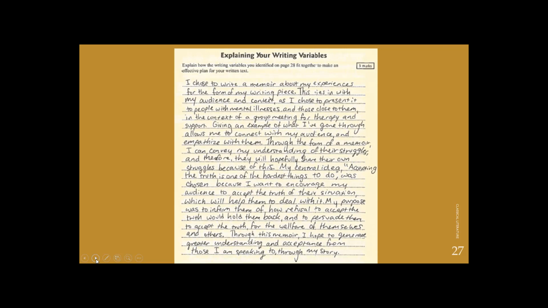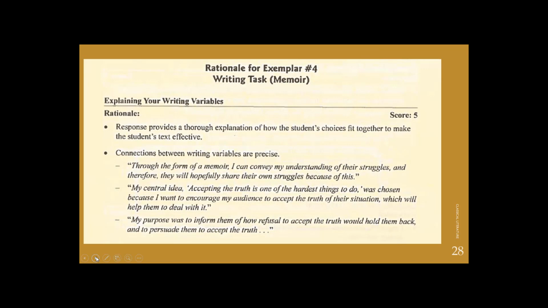Giving an example of what I've gone through allows me to connect with my audience. Through the form of memoir, I can convey my understanding of their struggles, and therefore they will hopefully share their own struggles. My central idea, accepting the truth, was chosen because I want to encourage my audience to accept the truth of their situation, and so on. So they gave that a 5 out of 5.